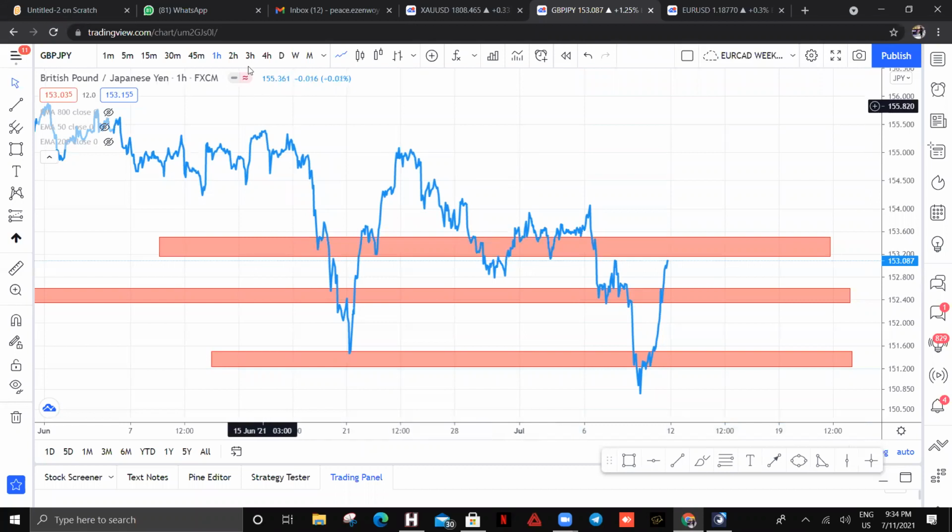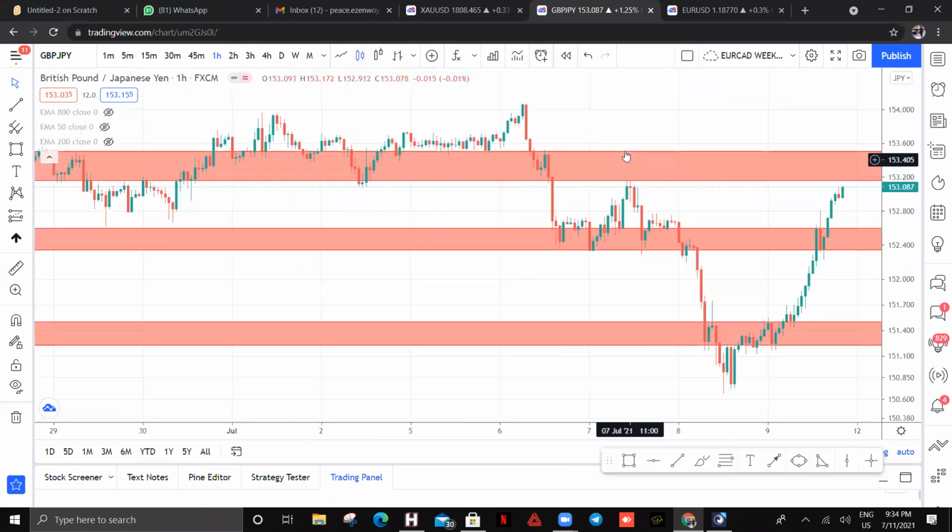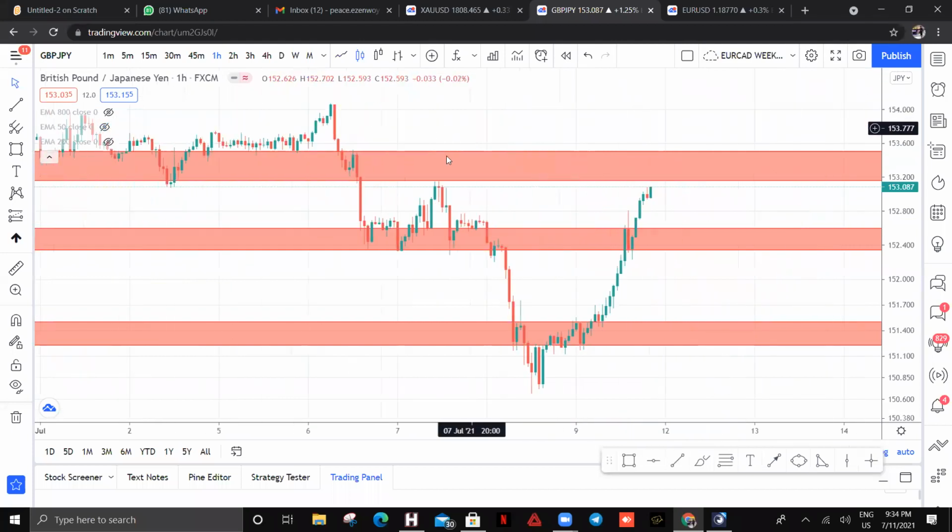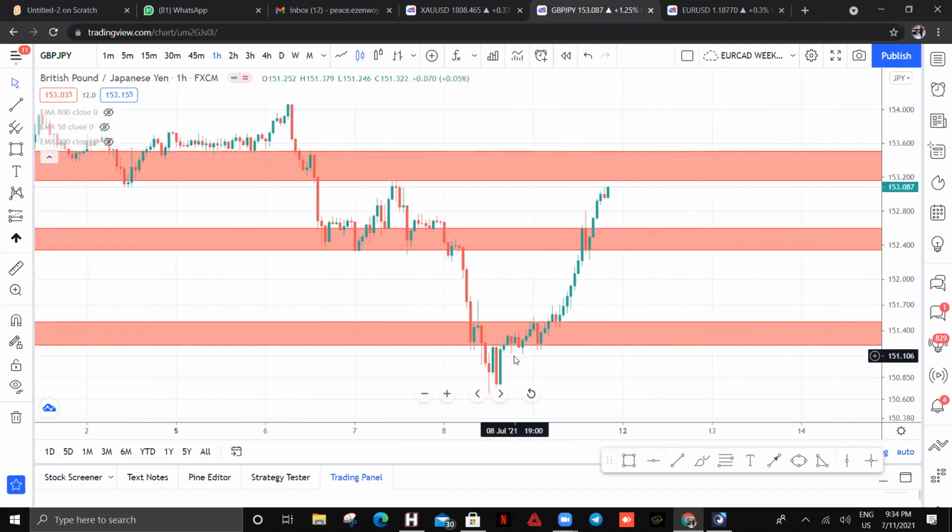Okay, I'm going to change this to candlestick and zoom out so we can see how price just kept breaking, going up, up, up. Immediately I saw this momentum, I was like, this guy is not ready to sell now.